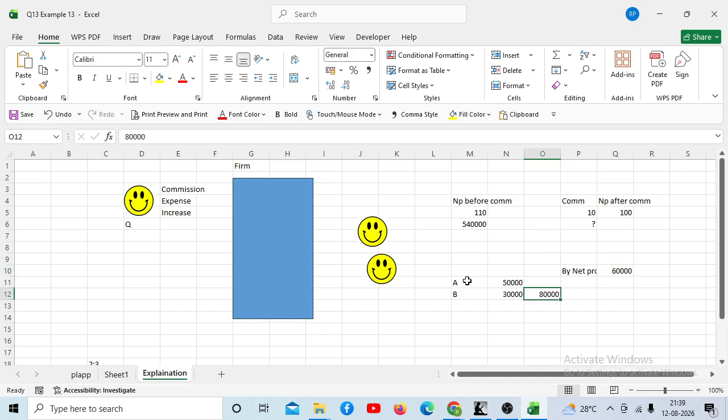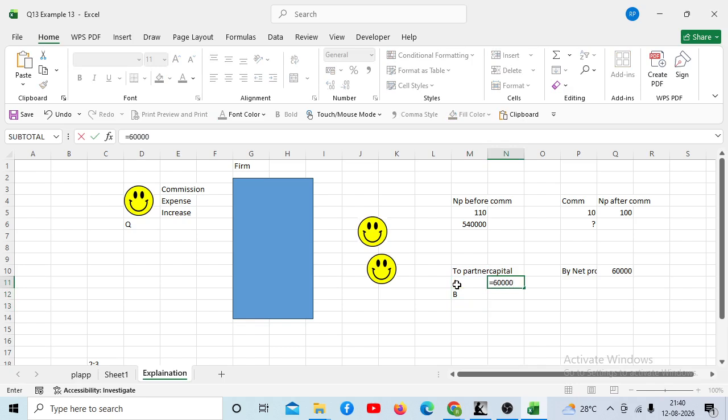In this case, we will not write the 50,000 and 30,000 here; instead, we will distribute this 60,000 to the partners' capital between A and B in the ratio of 5:3.